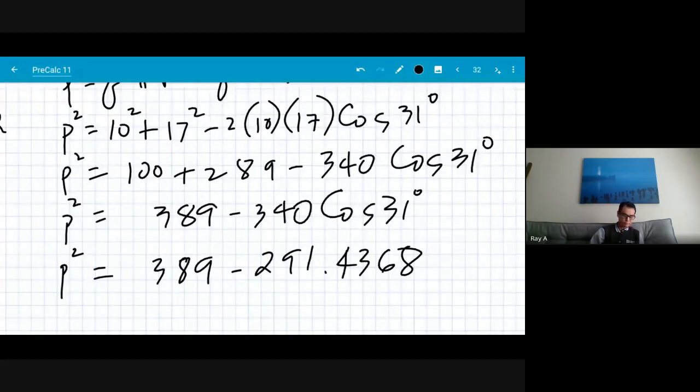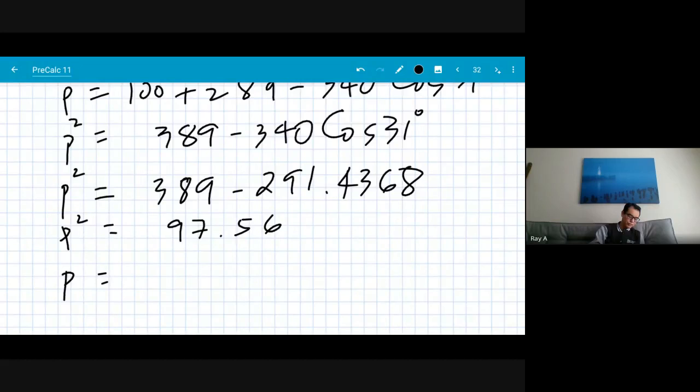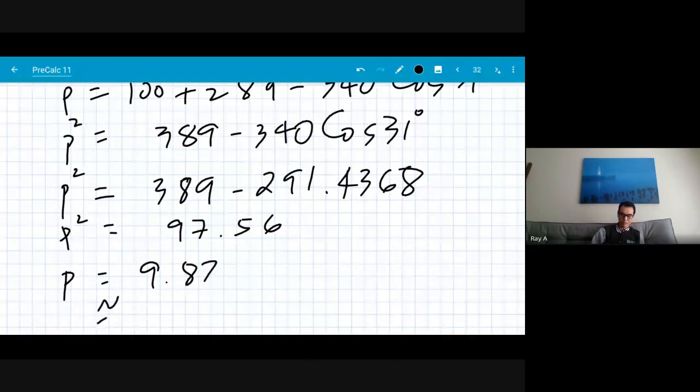It's about 97.56 or whatever. P is equal to the square root of this, which means about 9.87, or about 9.9.